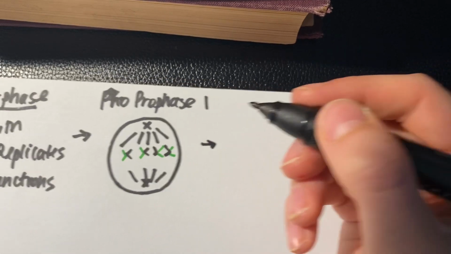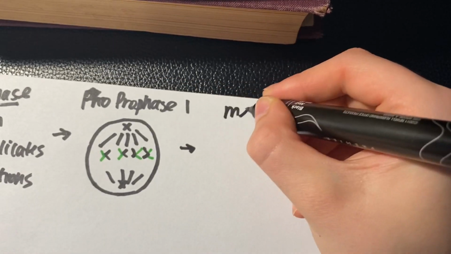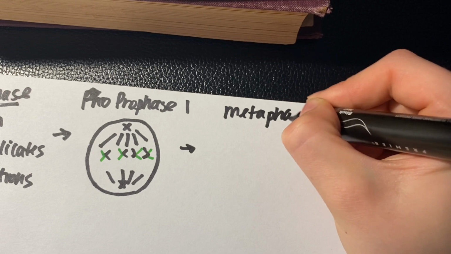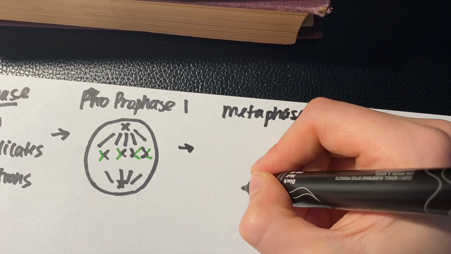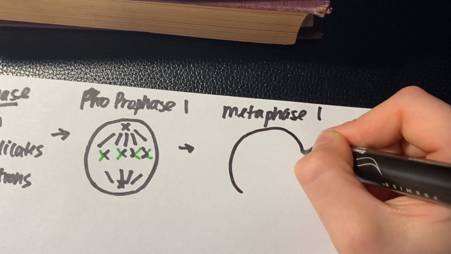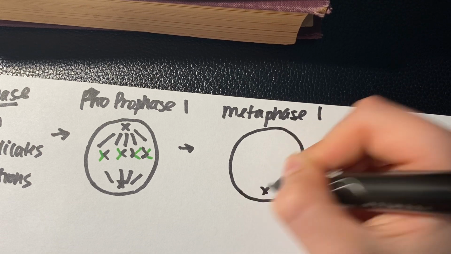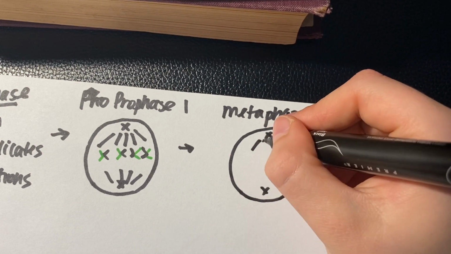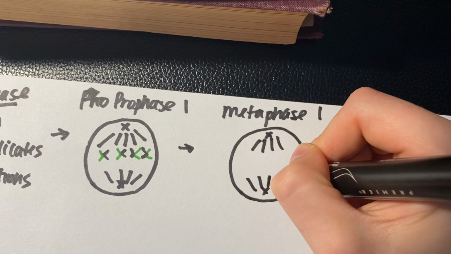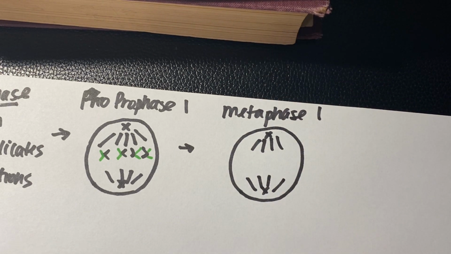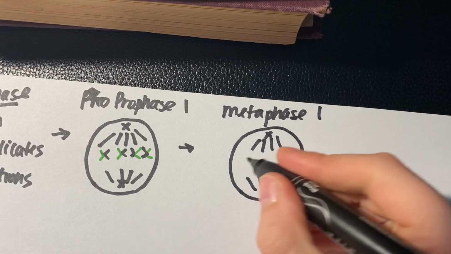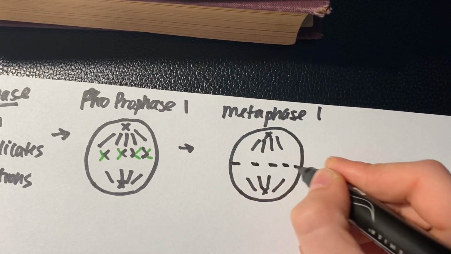After this is done, we have metaphase 1, in which the crossed over homologous chromosomes are pulled to the middle of the cell.